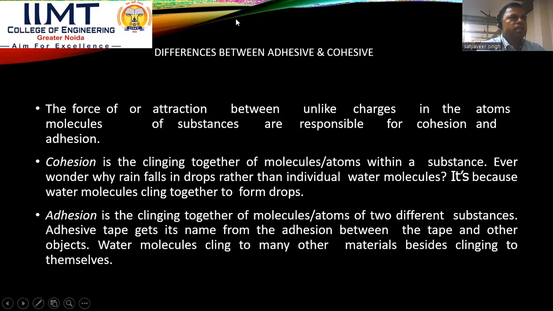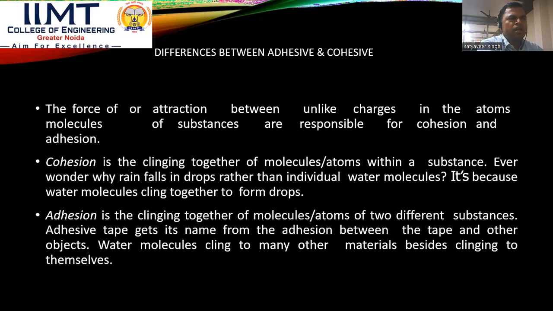Now we have to understand the difference between adhesion and cohesion. Adhesion is the force of attraction between dissimilar molecules, but cohesion is the force of attraction between similar molecules. The force of attraction between unlike charges in the atoms and molecules of the substance is responsible for cohesion and adhesion. Cohesion is the clinging together of molecules or atoms within a substance.